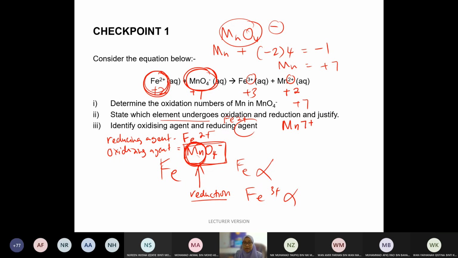And then you try to prove it using oxidation number. You must get a decreasing oxidation number. Because normally the question will either be general or ask you to prove it using oxidation number. So best to have both of them in your answer.